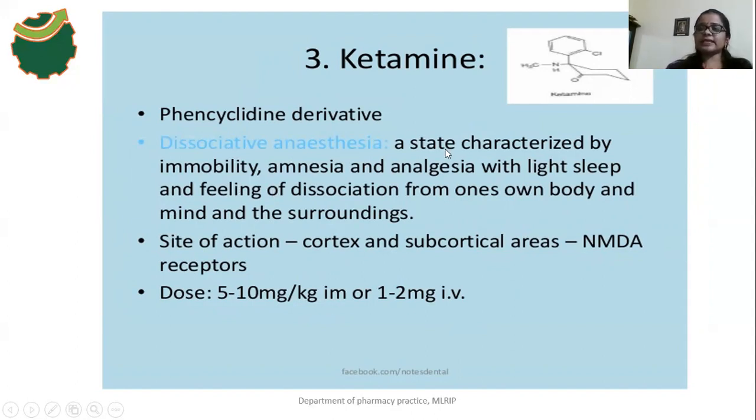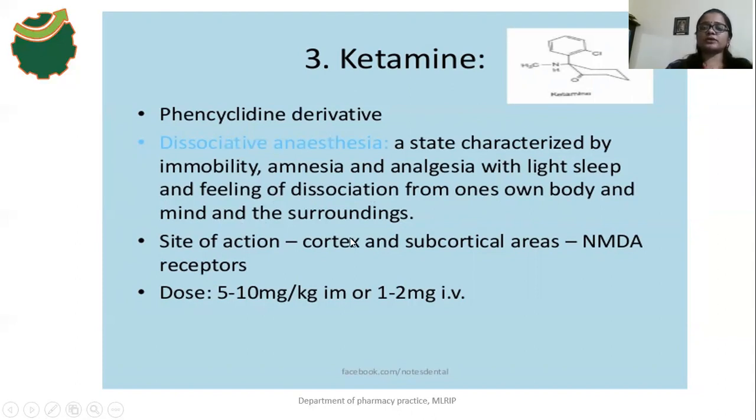It is a state characterized by patient immobility, amnesia meaning loss of memory, and analgesia with a light sleep, and a feeling of dissociation. Feeling of what? Dissociation from one's own body and mind, and their surroundings. That is called dissociative anesthesia.